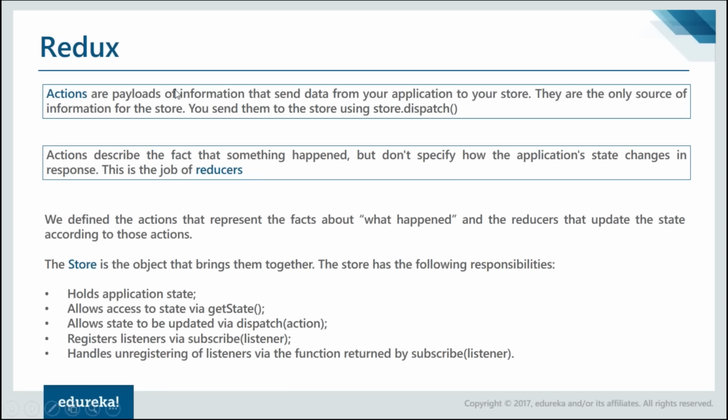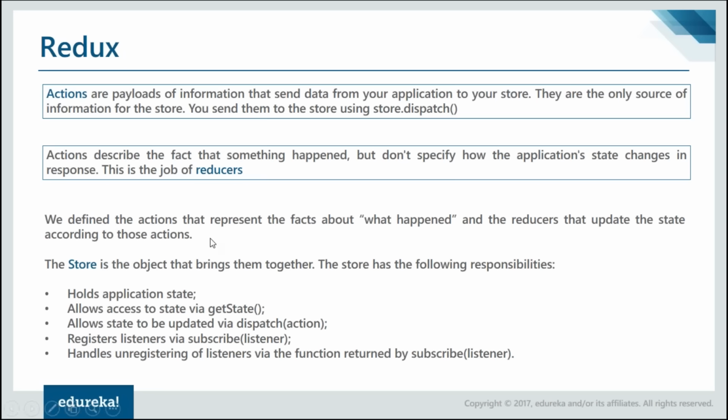What does this action do? From an action, we send the information to the store using the store.dispatch method. Actions have the information, and that information is sent to the store. Actions describe the fact that something has happened, but don't specify how the application state changes in response, because that is the function of the reducers.